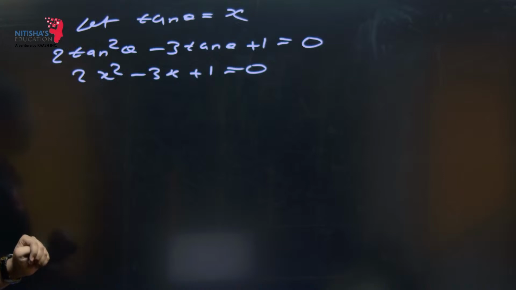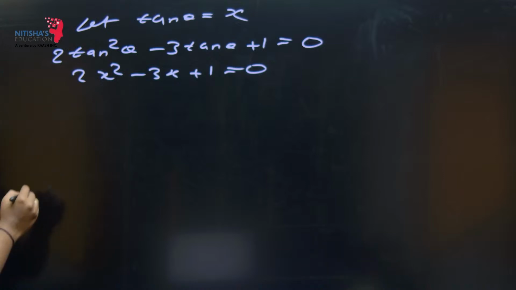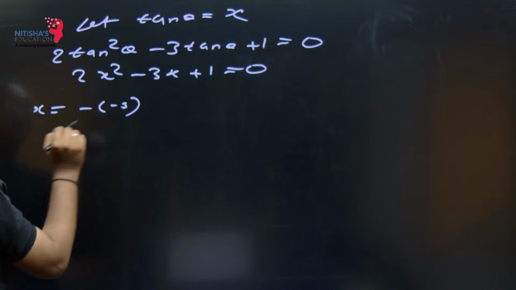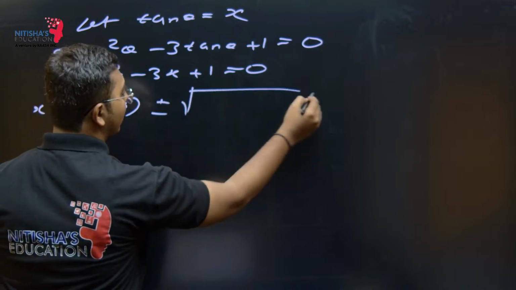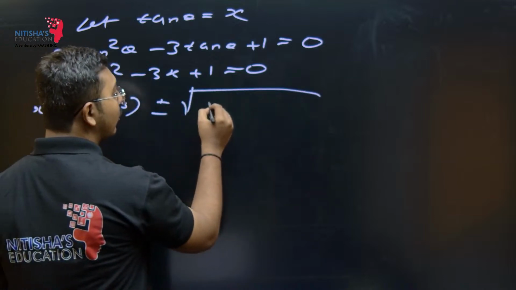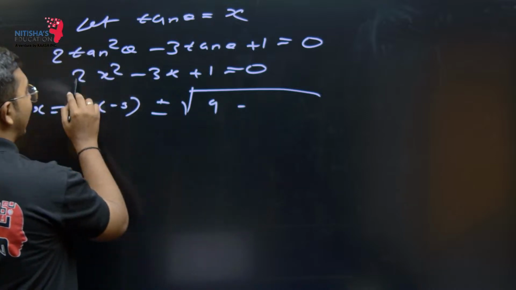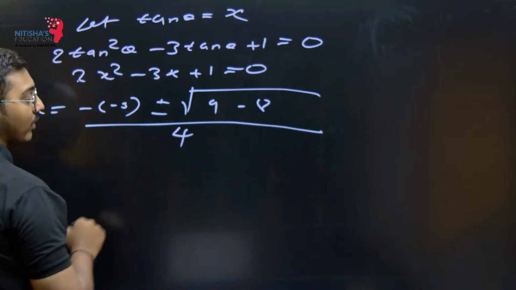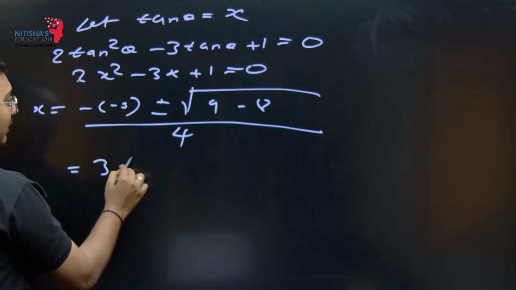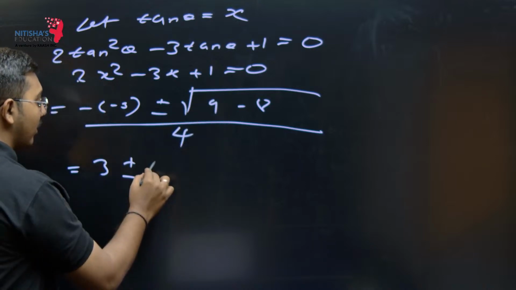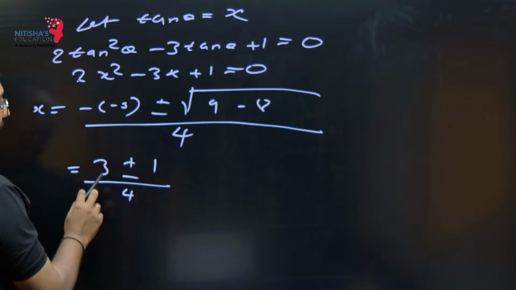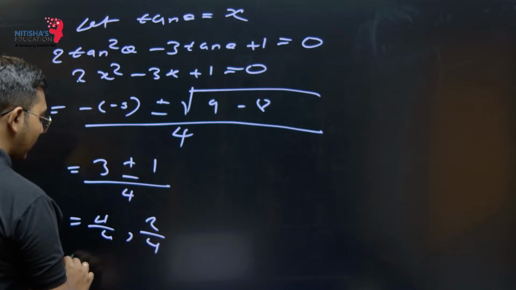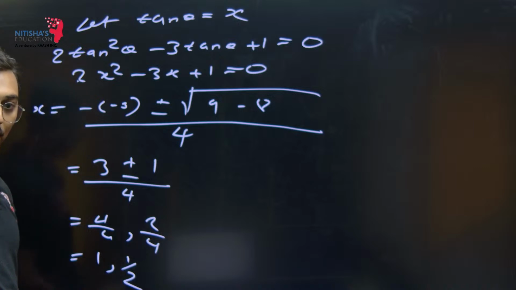Now you have to find the roots of this equation. What are the roots of this equation with the help of the quadratic formula? x is equal to minus b plus or minus under root b square, that is minus 3, the square of which is equal to 9, and minus 4 times 2 times 1 which is 8, whole divided by 2 times 2 which is 4, which will provide you 3 plus or minus under root 1 is 1 divided by 4, which is nothing but 3 plus 1, 4 by 4, and 3 minus 1, 2 by 4, which will give you 1 comma 1 over 2.